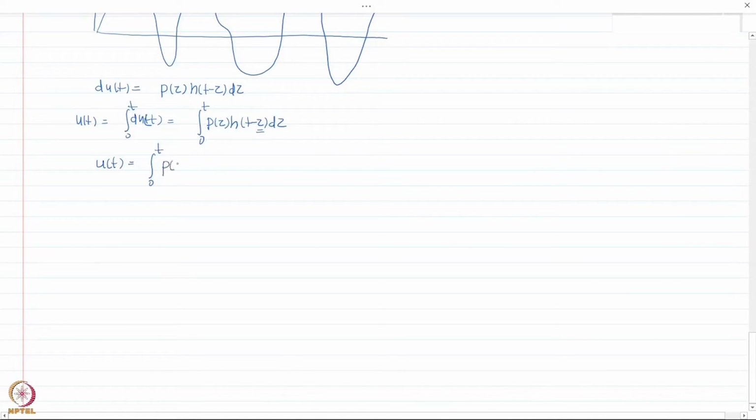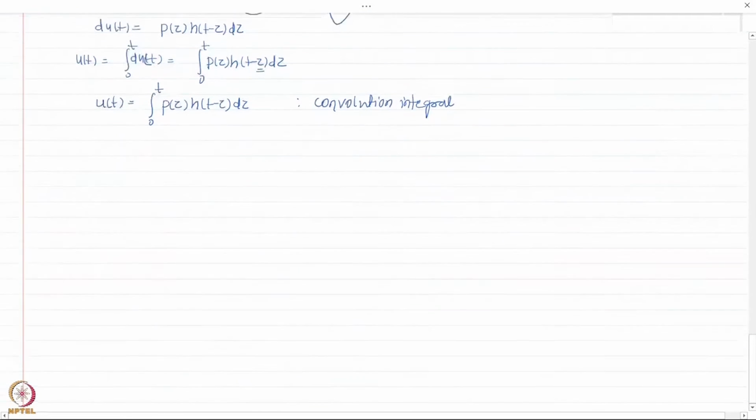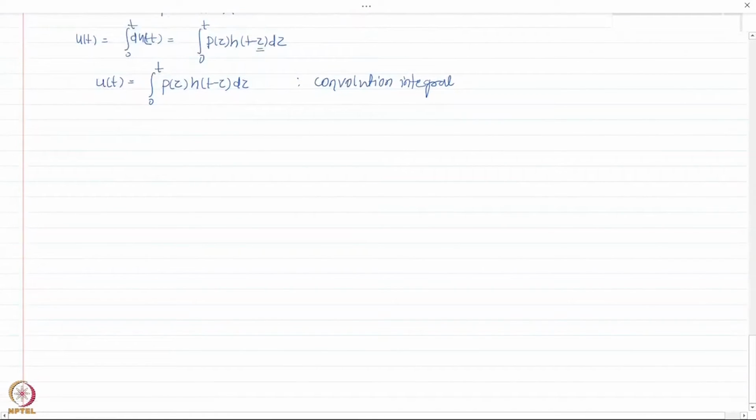This expression, p of tau h of t minus tau d tau, is called the convolution integral. It finds a lot of application in multidisciplinary fields, and you will see this convolution integral at many places.